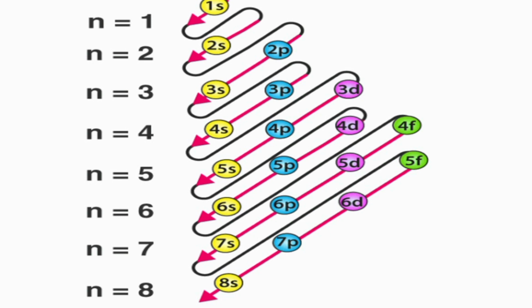So one may assume that because the 4s orbital is in a higher shell than the 3d, the 4s orbital will have a higher energy level than the 3d, but that is not the case here. The 3d orbital, which is degenerate, is of a higher energy level than the 4s.